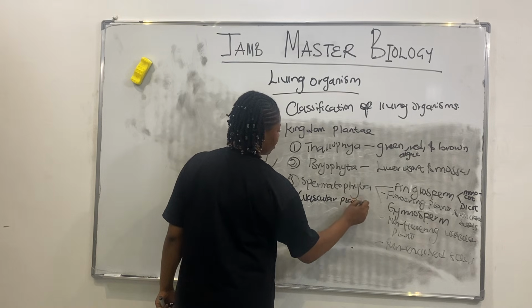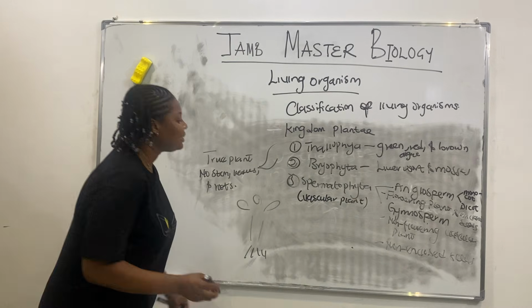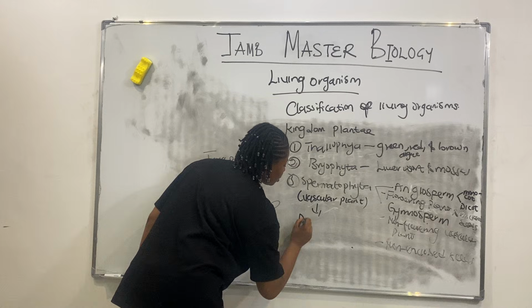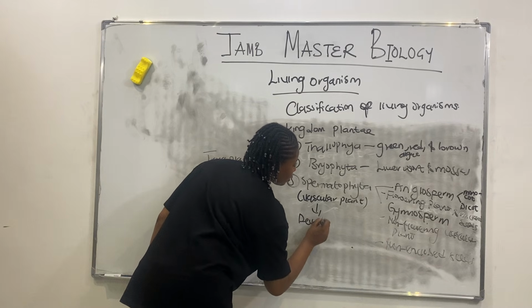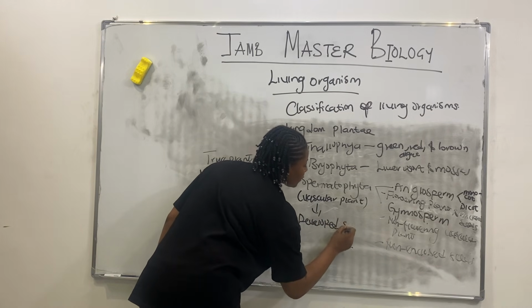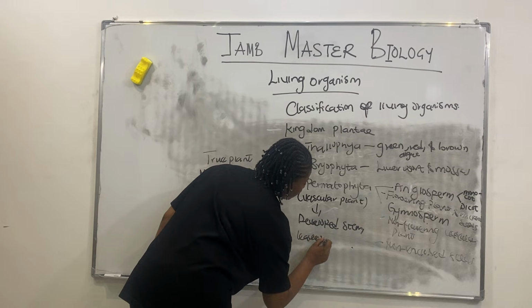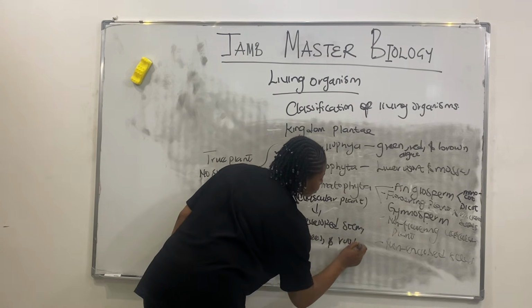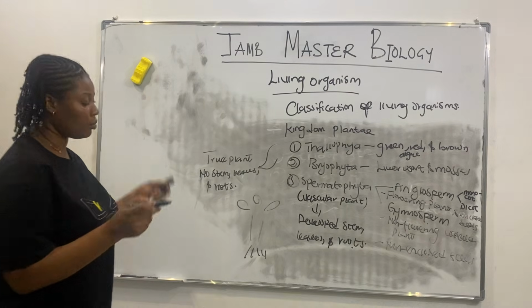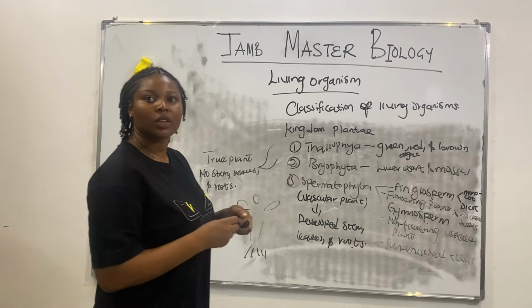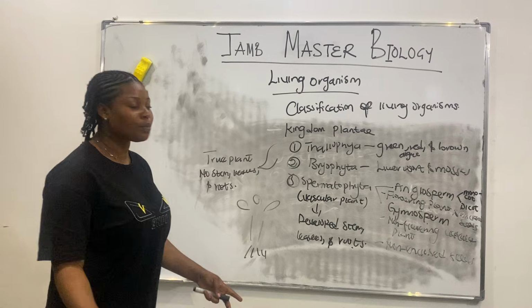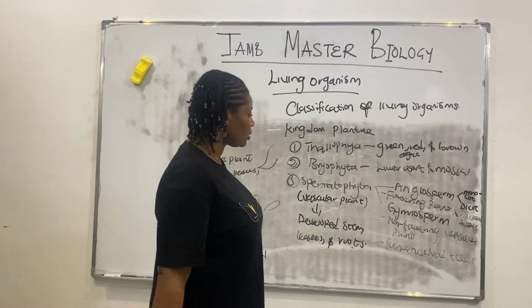Why? Developed stem, leaf, and what? Roots. Simple. So it's simple, right?